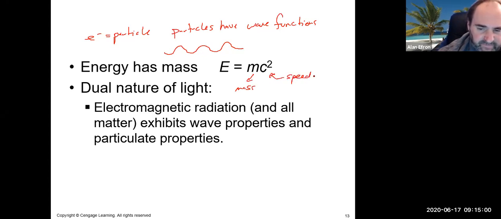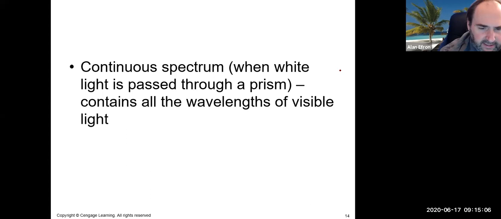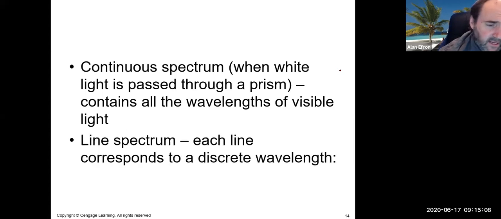We don't do too much with Einstein's equation here, but it does help explain the idea of energy. He did an experiment known as the photoelectric effect, where he saw that electrons would bounce off the surface of metals when irradiated with a certain amount of energy in terms of light, and you're able to eject electrons from it.